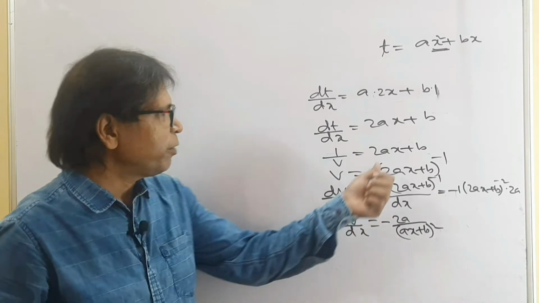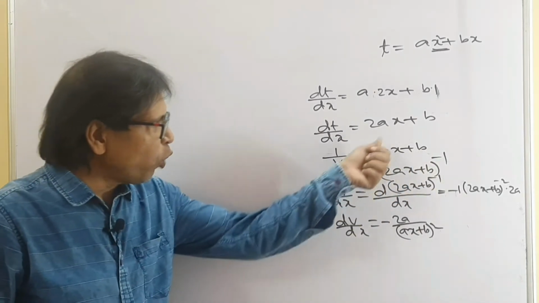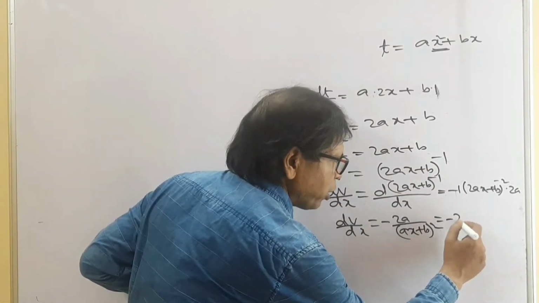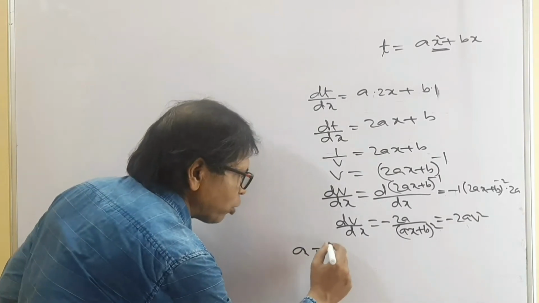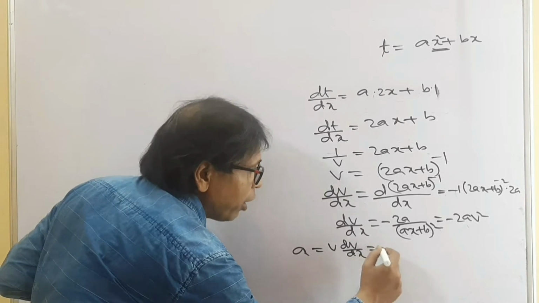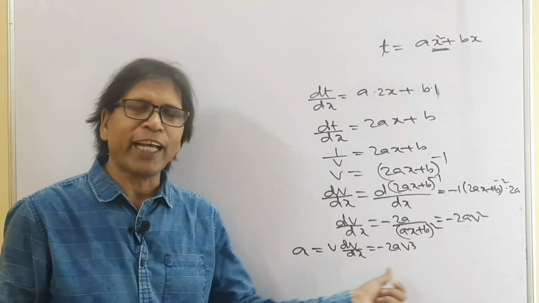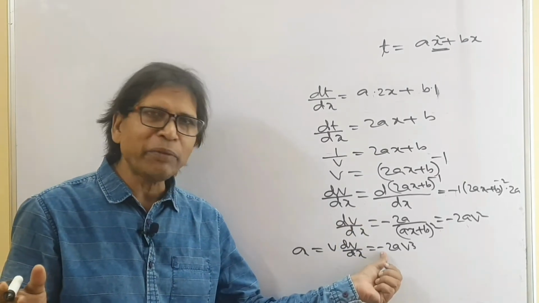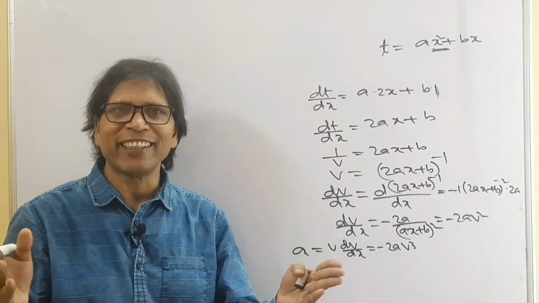Now 2ax plus b equal to 1 by v. So 1 by 2ax plus b equal to v. So this is minus 2a v square. Now acceleration a equal to v dv by dx. So this is minus 2a v cube, the instantaneous acceleration of the particle. Now here the negative sign indicates the particle has retardation.